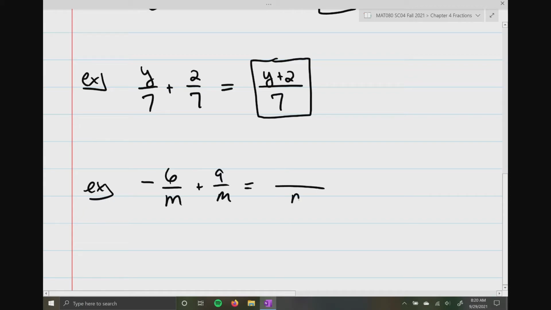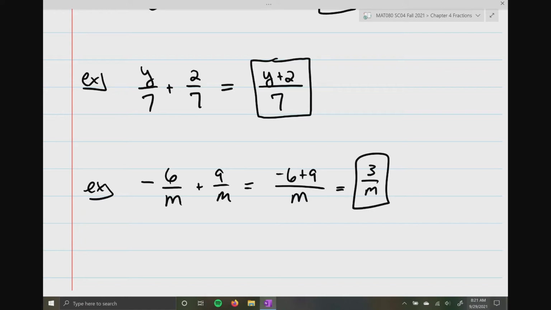It's the same, so let's just write one big numerator. And then you ask yourself, negative 6 plus 9 is going to be positive 3 over m. And since we don't know what m is, it's reduced. Okay, are there any questions?